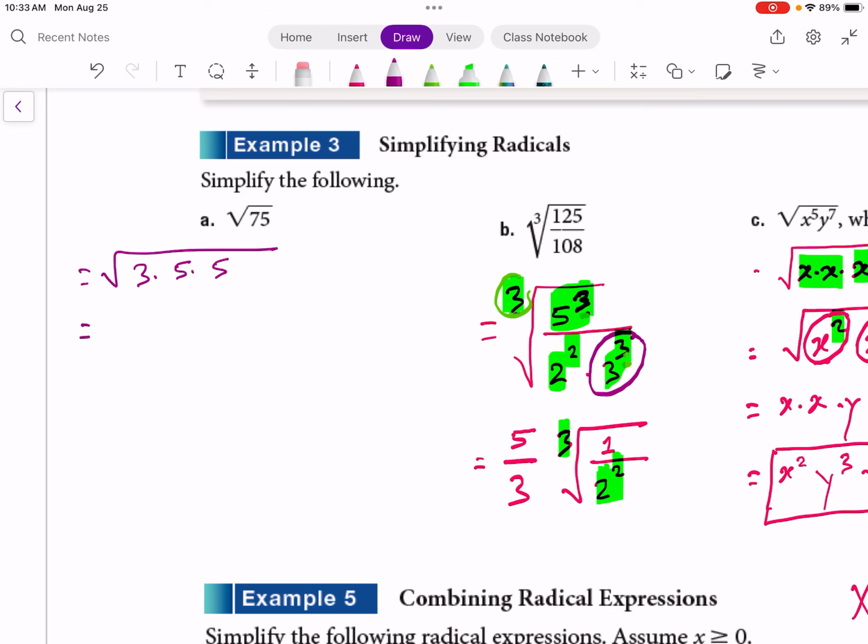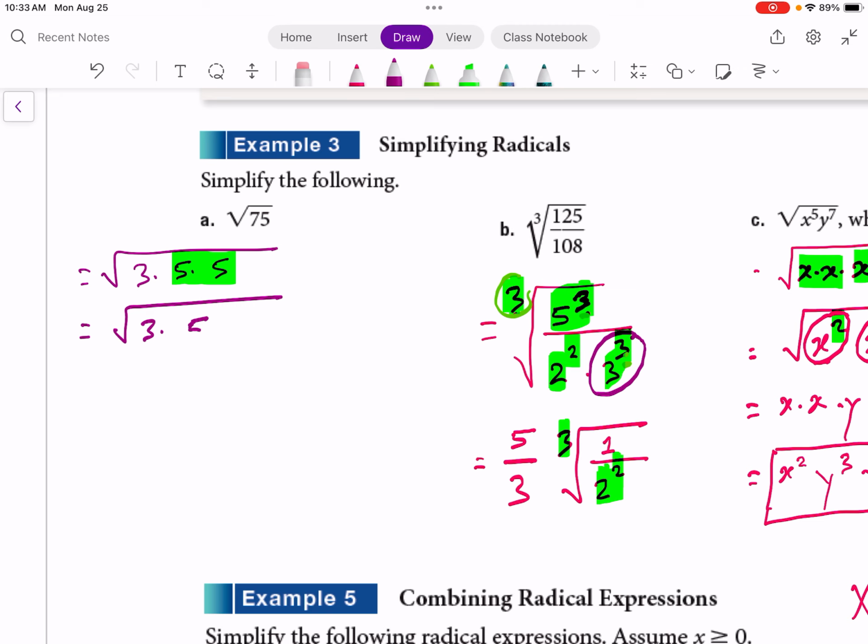What is the index? Index is 2. Now our target is writing the factors with exponent 2. So we have only one 3, so we can't do that here, so 3 remains as it is. Now for 5 times 5, how can we rewrite this? 5 times 5 is 25, but that's not what we want. What do we want? 5 square.